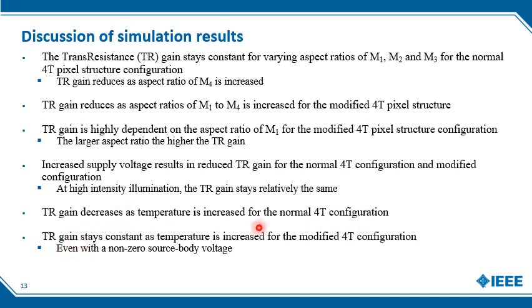However, quite different from the normal one, the transfer resistance gain stays constant as temperature increases for the modified configuration. Even with a non-zero source body voltage, the simulation showed that it still stays constant, which is quite unique.